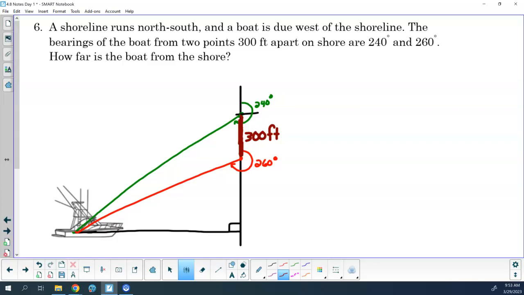Boat to the shore. So is that green, red, or black? The black. We're trying to find this distance there. Okay? That's your task for tonight. Okay? Find me that distance.